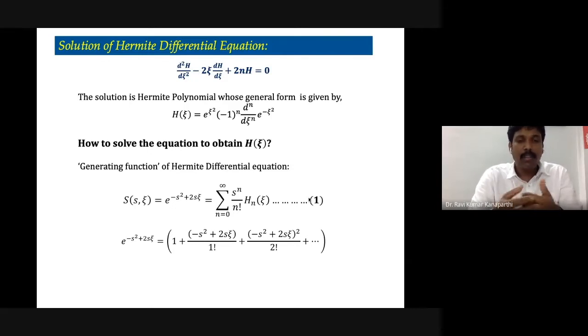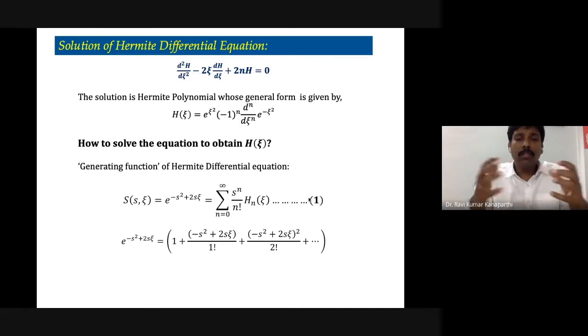Similarly, in this particular case, e to the power minus s square plus 2sz can be written as 1 plus (minus s square plus 2sz) divided by 1 factorial, plus (minus s square plus 2sz) whole square by 2 factorial, plus, and so on. We can write any term that you may be interested in.